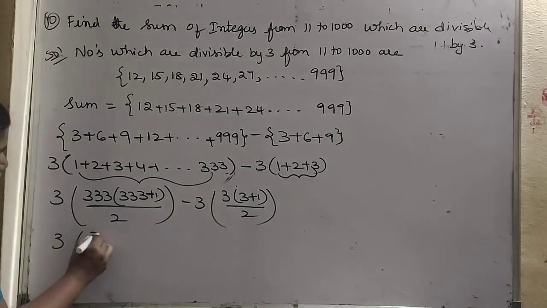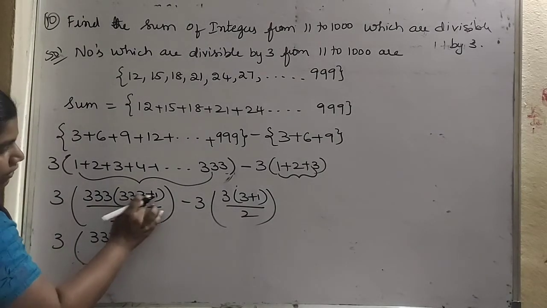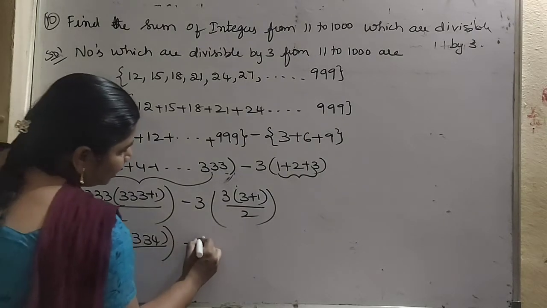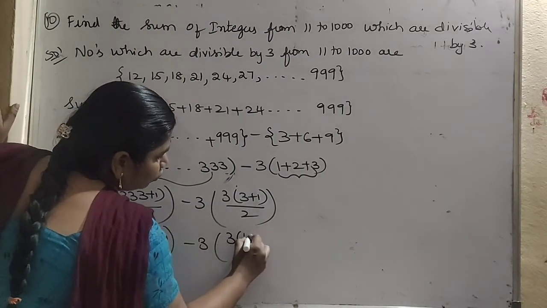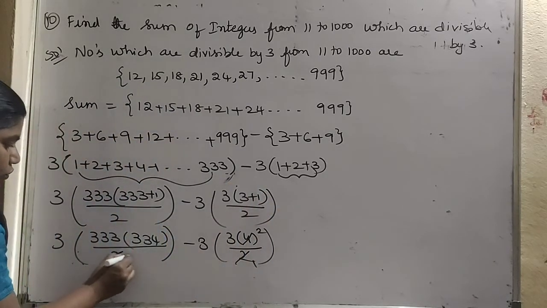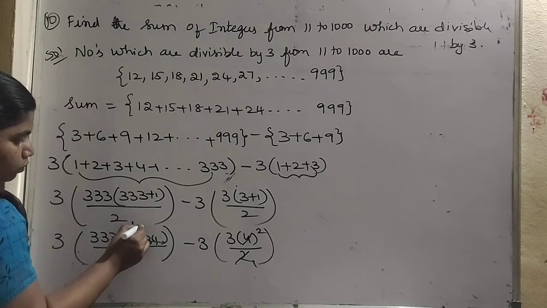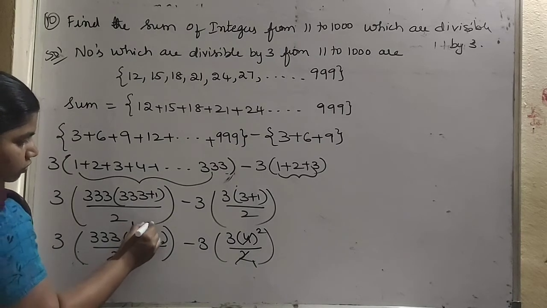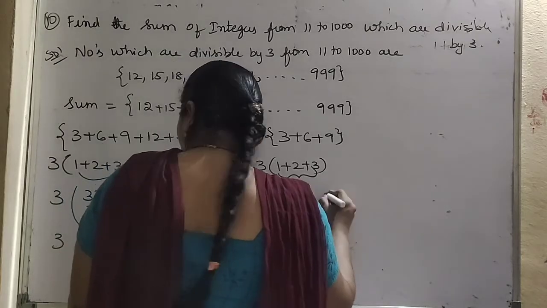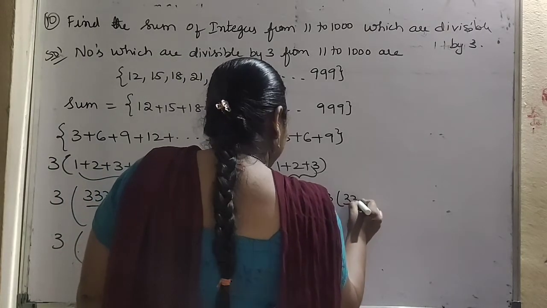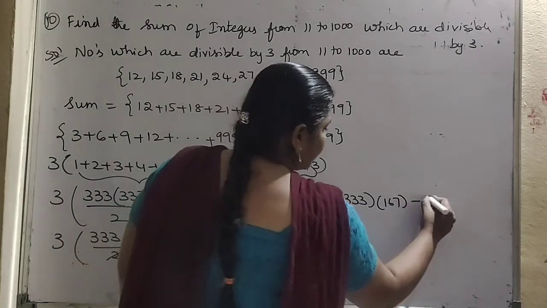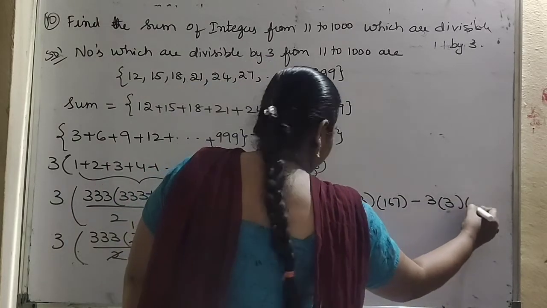So 3 into 333 plus 1 will be 334 by 2, and minus here 3 into 4 by 2. Simplifying, 334 by 2 is 167. So we got 3 into 333 into 167 minus 3 into 3 into 2.